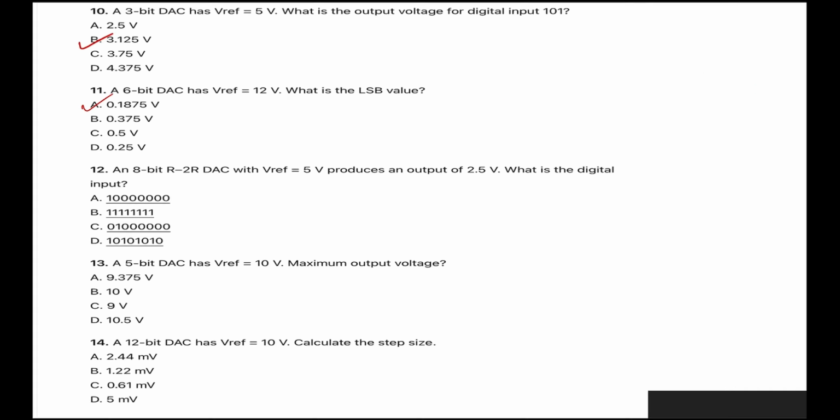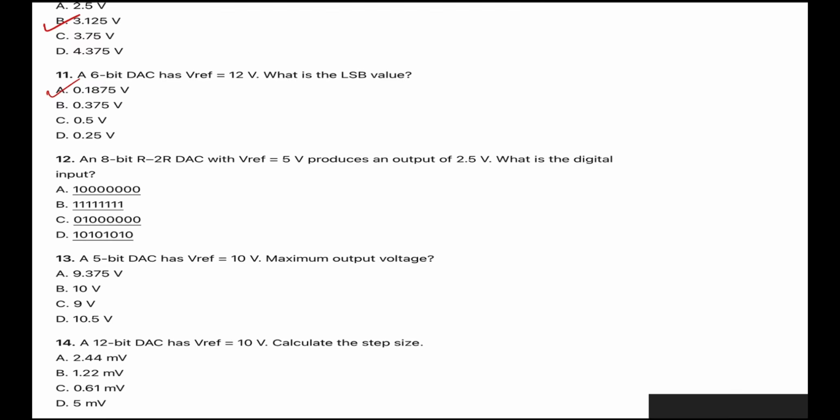0.1875 volt. An 8-bit R2R DAC with V reference equal to 5 volt produces an output of 2.5 volt. What is the digital input? Here N is equal to 8, V reference is equal to 5 volt and the output voltage is 2.5 volt. We are asked to find the digital input code.